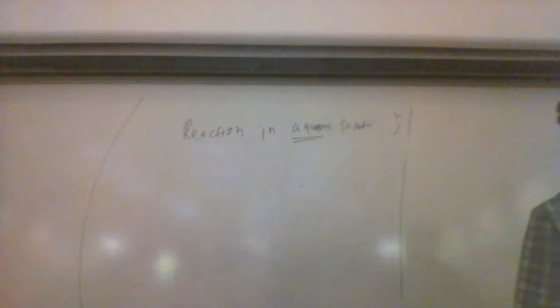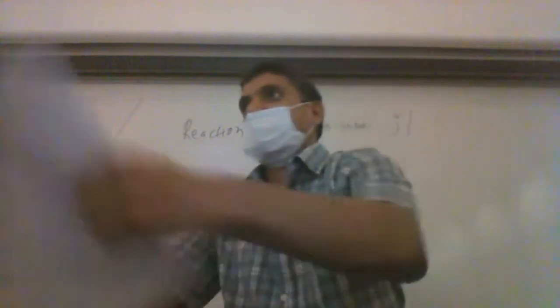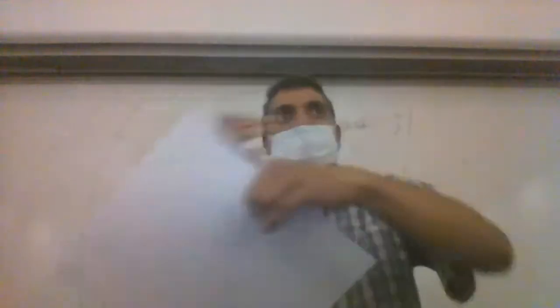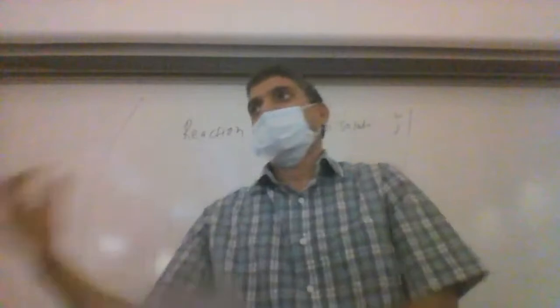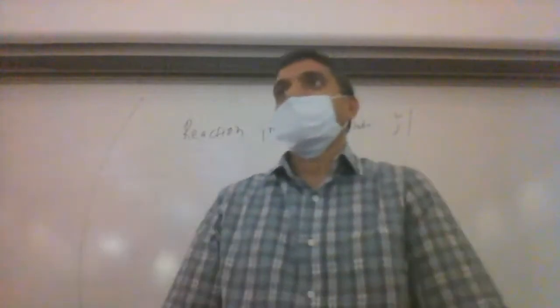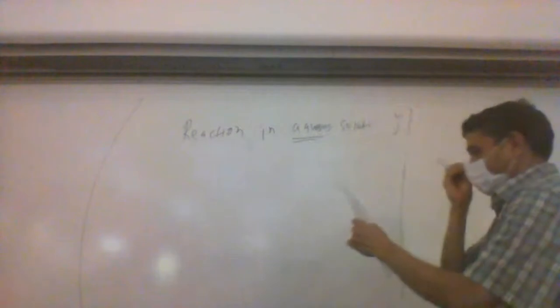It's called an aqueous reaction, a reaction in aqueous medium. Make sense? So we have water. We are throwing something into that water, and the water dissolves those things, and the particles of different substances can come in contact and rearrange. One sticks with one, another sticks with another, and they give the new product. So this is called a reaction in aqueous solution.